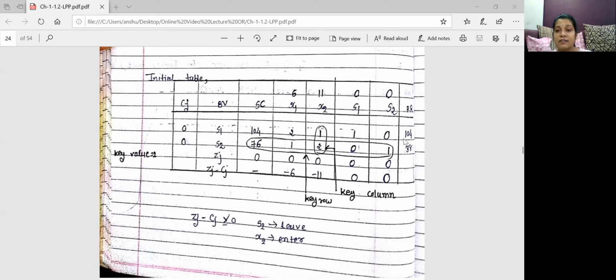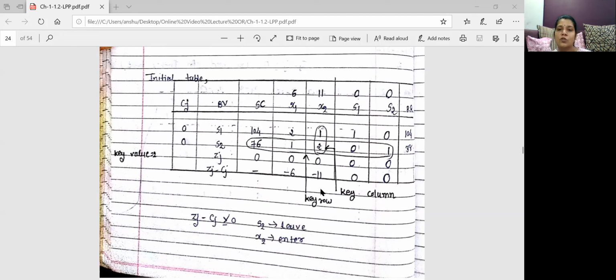In case we are getting a negative value or 0, then we ignore all these types of values, and infinite values को भी हमें ignore करना है. So our minimum positive value is 38. 38 is including our S2 basic variable. So X2 is enter and S2 is leave.